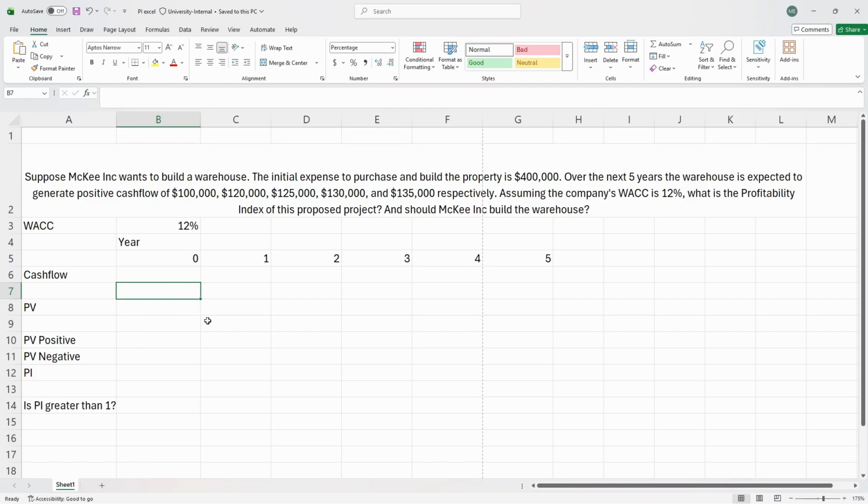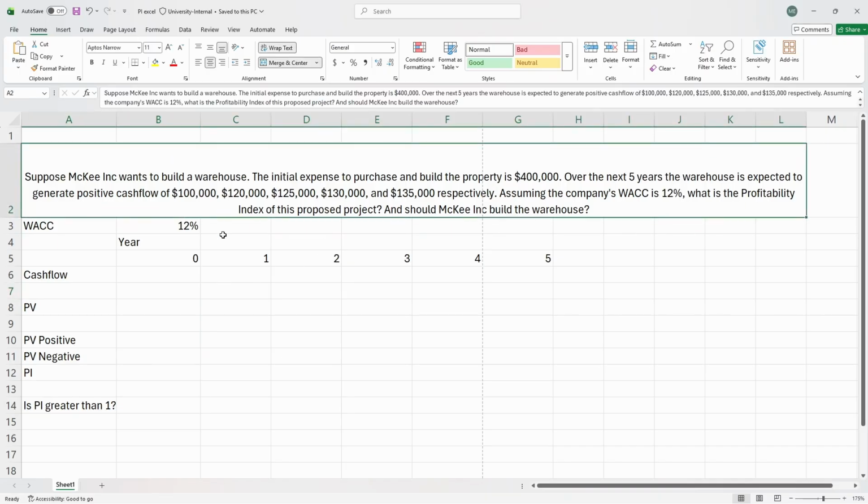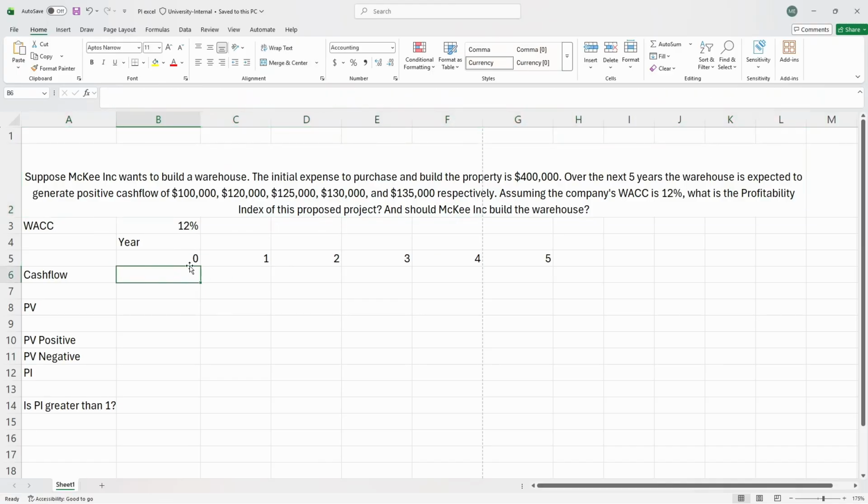So I prepared a standard question asking us to find the profitability index, also known as PI. And to get started for any capital budgeting question, it's best that we take this verbal description and convert it into a timeline. So we have a negative cash flow of $400,000 in year 0. That's our initial expense.